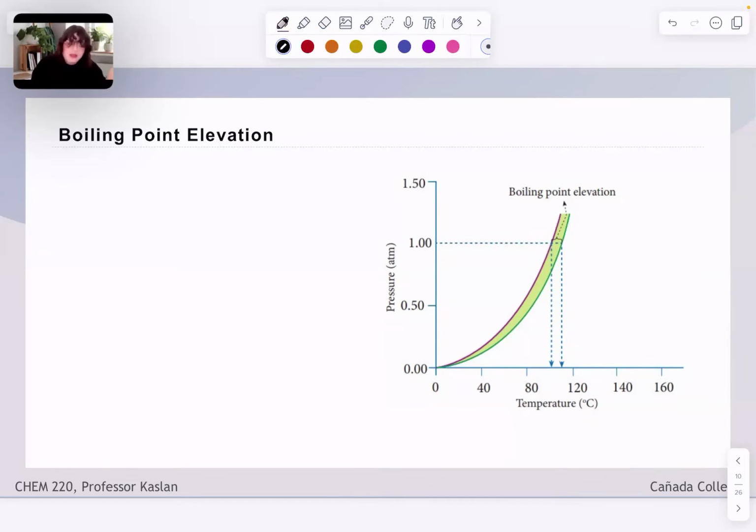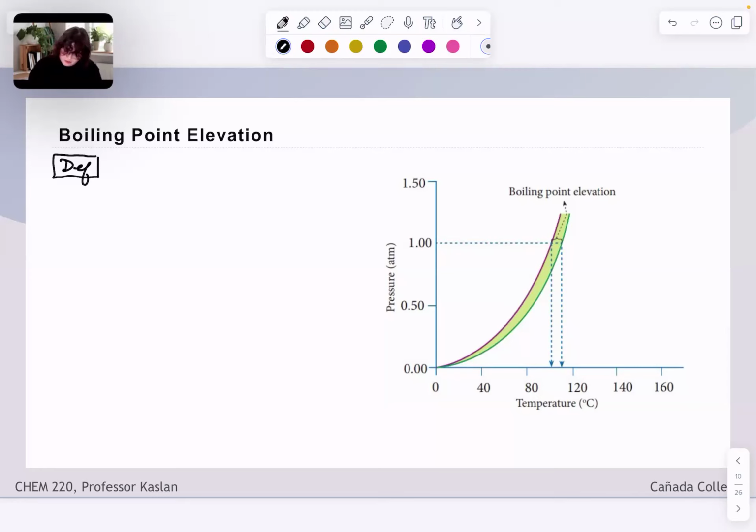Because the change in vapor pressure is proportional for change in solute concentration and the solvent concentration, it makes sense then that the boiling point change is also going to be a proportional one. Because again, boiling point and vapor pressure are related. Boiling point is the temperature at which our vapor pressure is equal to atmospheric.